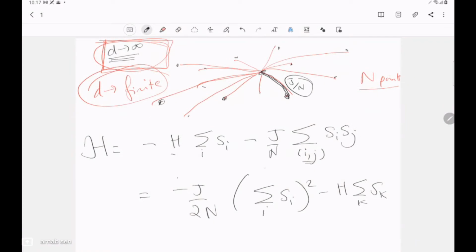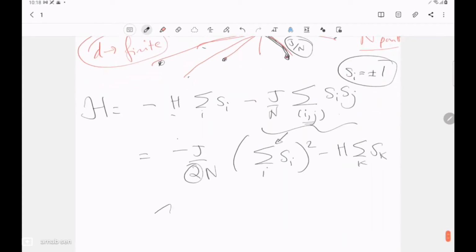I'm rewriting this term like this, and please notice the 2 here. Of course, these S_i have the property, just like the usual Ising model, that they are numbers like this. Is this clear? Why am I writing this like this? Yes, sir. Okay, very good. Sir, can you explain it once? Yeah, this is very simple.